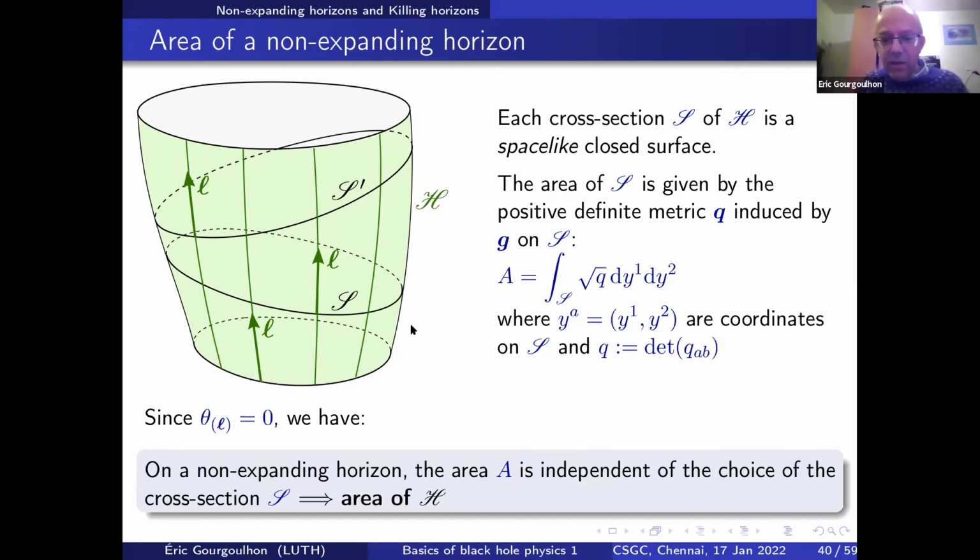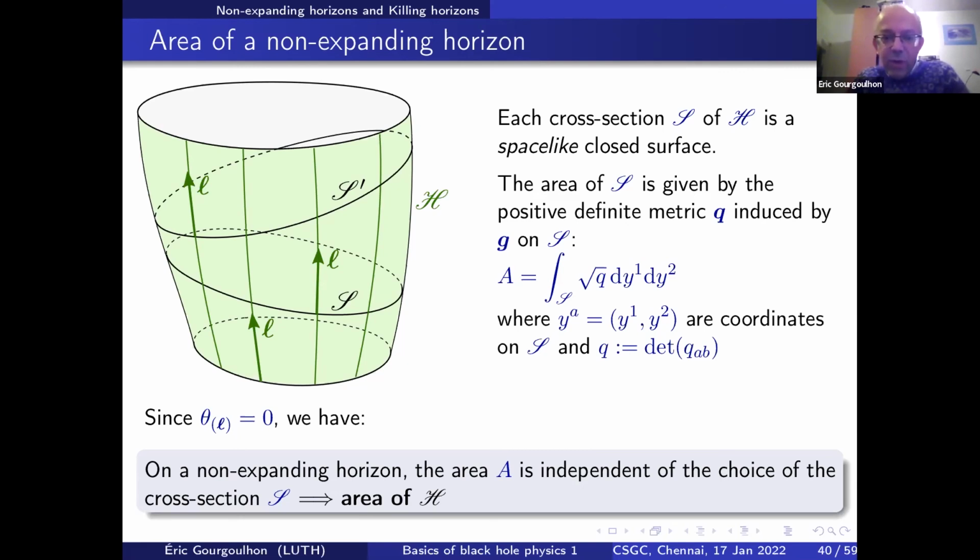This area turns out to be independent of the choice of a cross-section, because when we transform one cross-section to the other by propagating along L, since it's non-expanding, we have zero expansion, so the area remains constant. This is why we can speak about the area of the horizon itself, because it does not depend on the precise choice of the cross-section. So this is how the area of a black hole is defined.